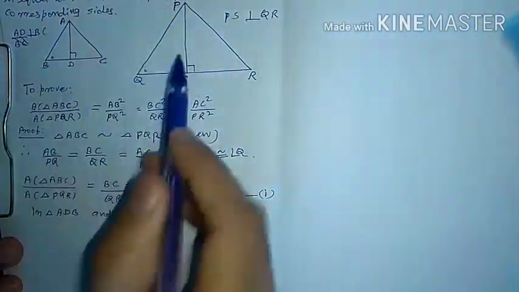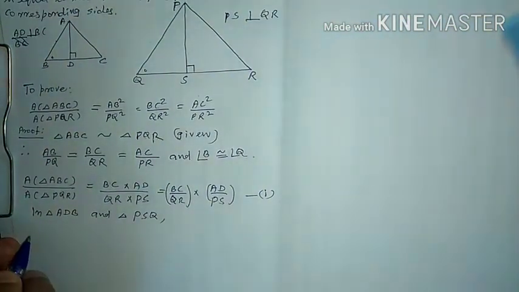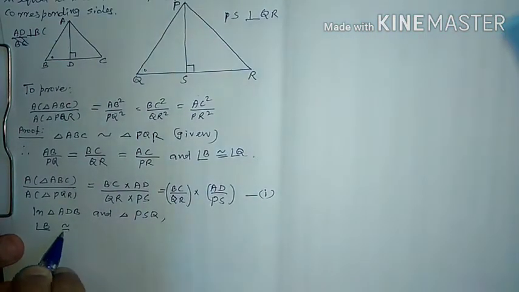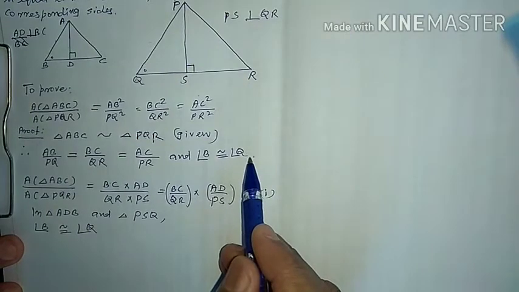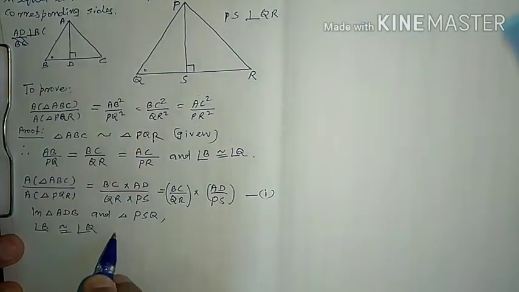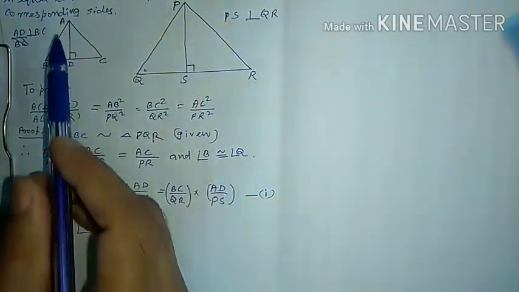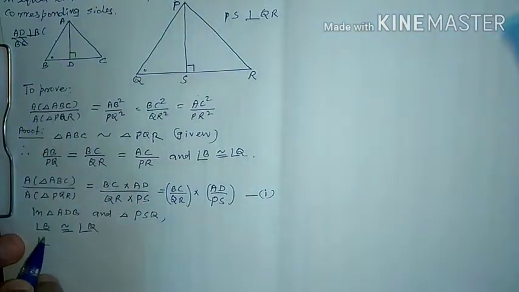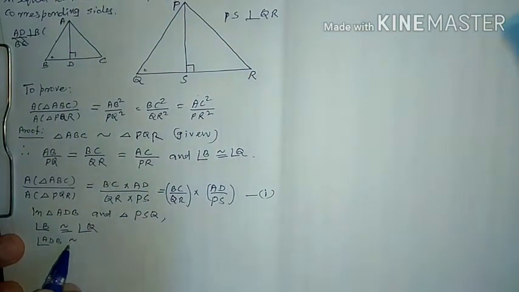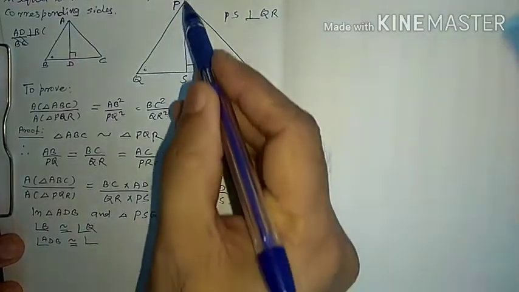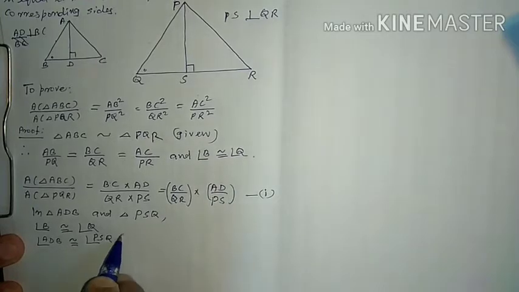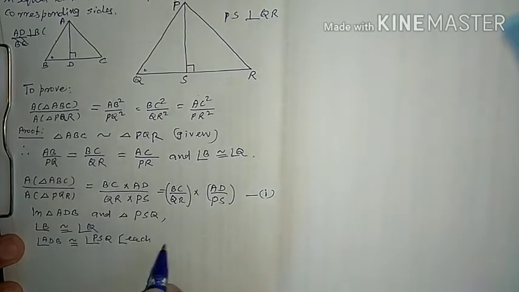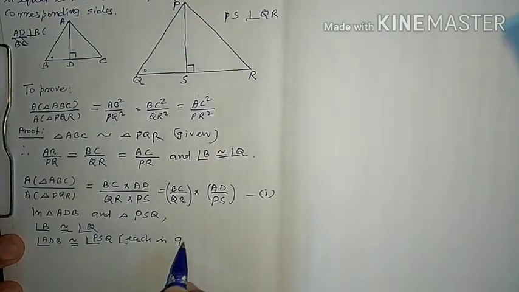First we make these triangles similar. Angle B is congruent to angle Q, given. Also angle ADB is congruent to angle PSQ. What is the reason? Each is a right angle, means 90 degrees.